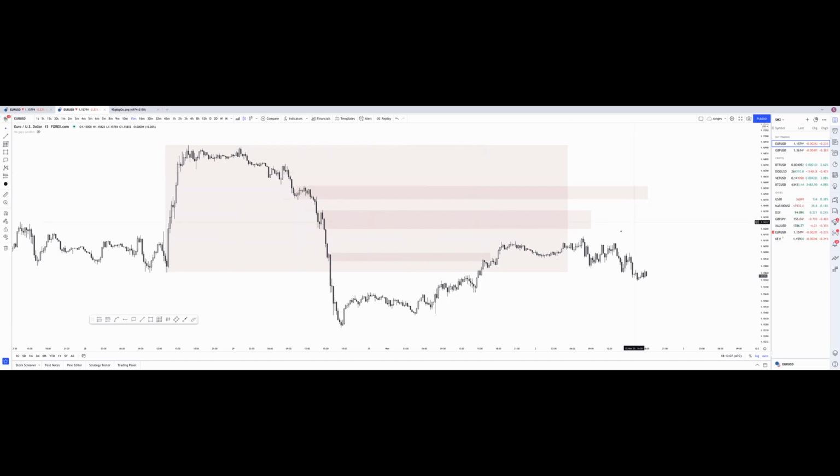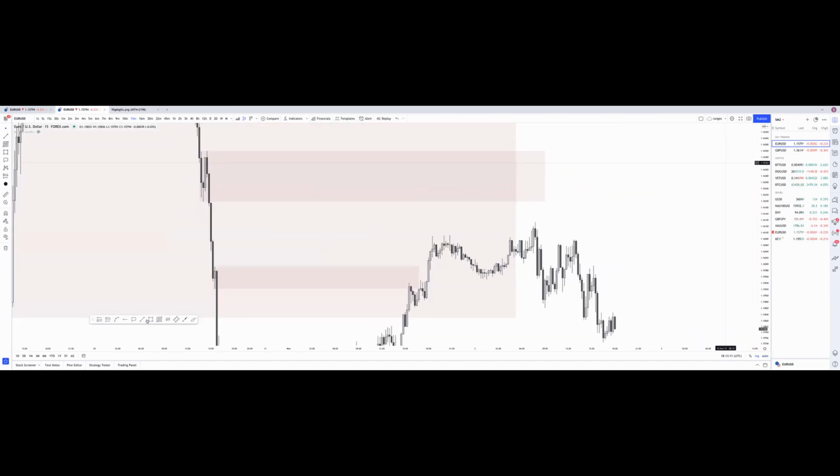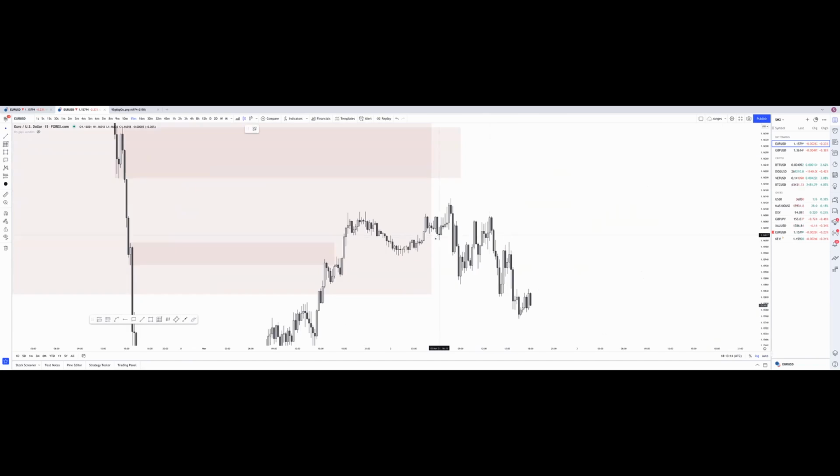But once we see that shift here, the likelihood is as soon as this fails, and it fails with conviction, like they don't mess around, they don't tickle this, they just smash through it.